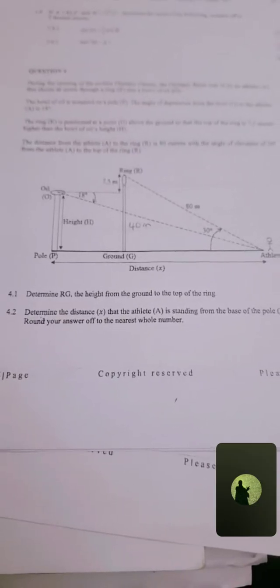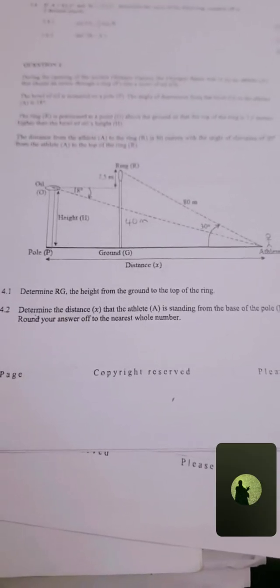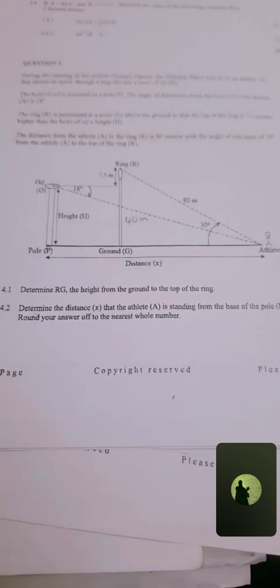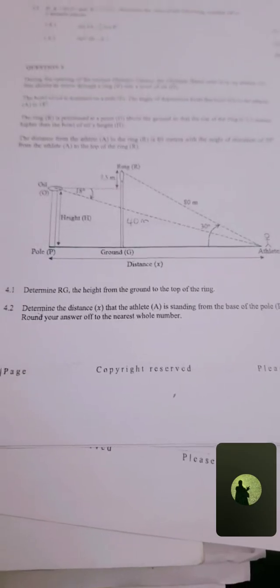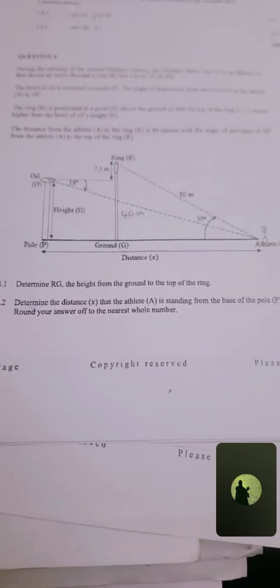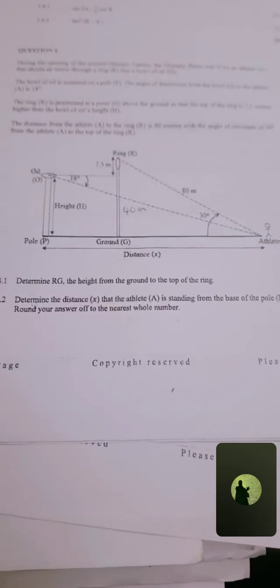Yeah, we have to use cos because we have to calculate the adjacent, which is x, and we have the hypotenuse, which is 40 meters. We have to calculate x, which is the adjacent. Now, where is the hypotenuse? Isn't it OA?